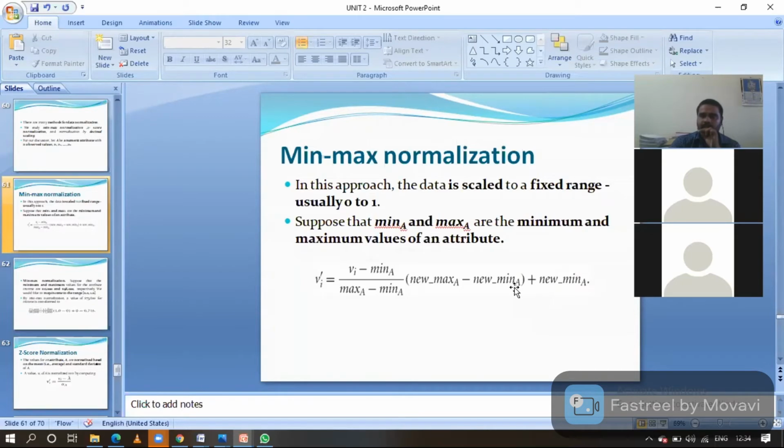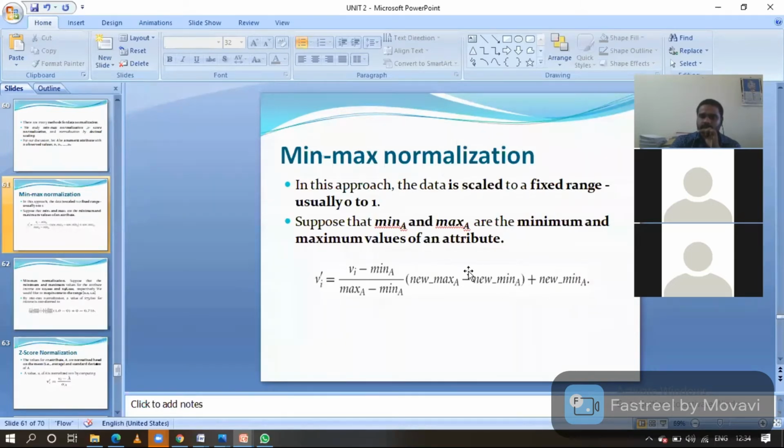After the conversion, the values are from new minimum to new maximum. Here I am scaling to a new, different range. The old maximum value is max a, the old minimum value is min a. After the conversion, the maximum value of the new range is new max, and the minimum value of the new range is new min.